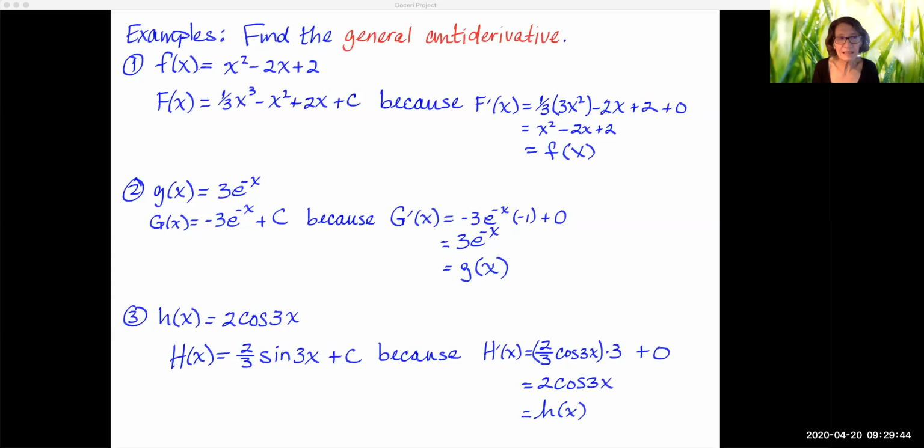So finding the antiderivative of a function sometimes takes a couple of guesses, but always check each guess, and you'll get the hang of it after practicing with a bunch of functions. You'll start to recognize things.